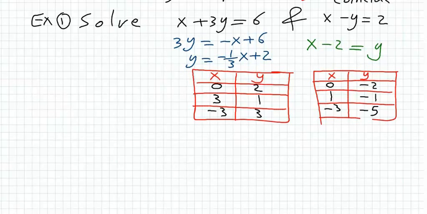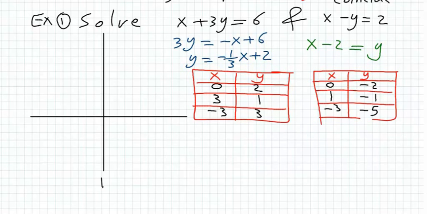We can go and plot them on the plane. This is the x-axis and this is the y-axis. Let us plot our points. If we plot the points on the first line, 0 and 2, 0 in the x-axis, 2 in the y-axis, we have a point over here. 3 and 1, 3 in the x-axis, 1 in the y-axis, we have another point here.